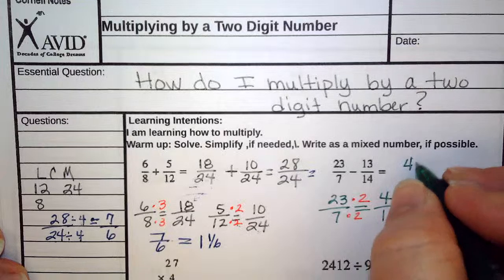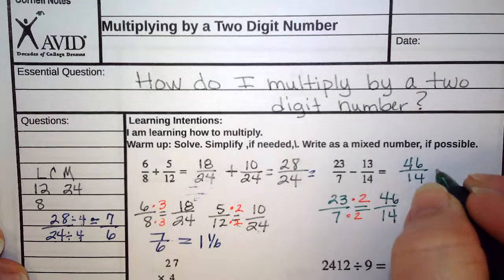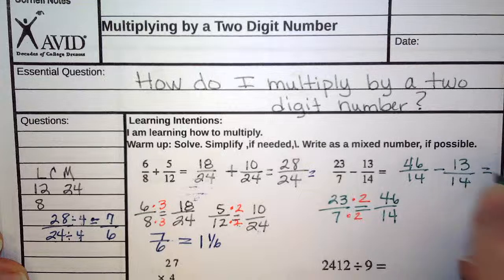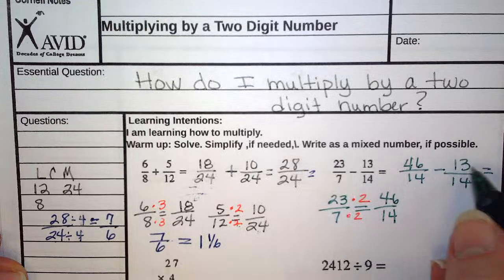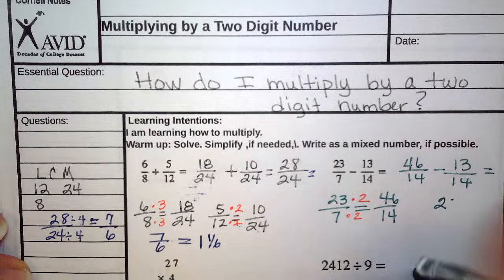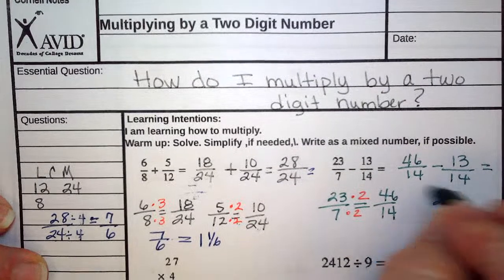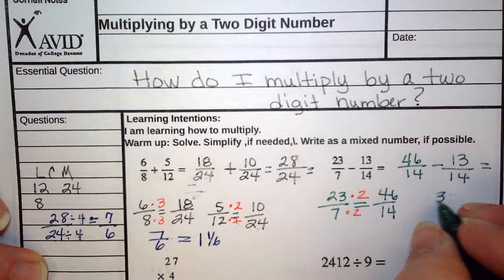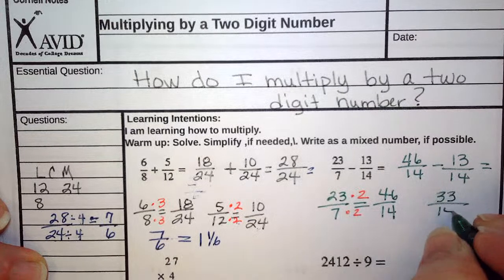So 46 over 14 minus 13 over 14 is equal to 46 minus 13, which is 33. 33 over 14.